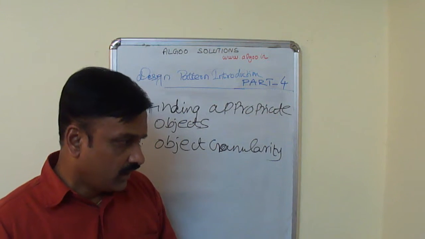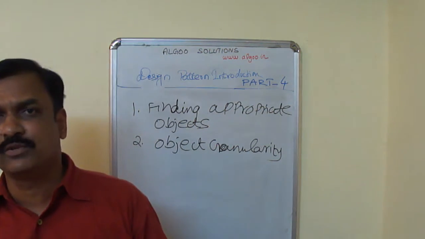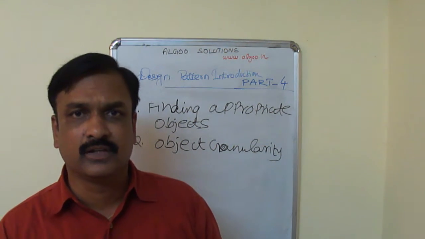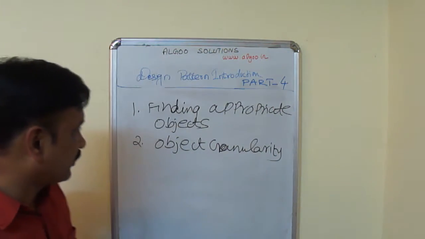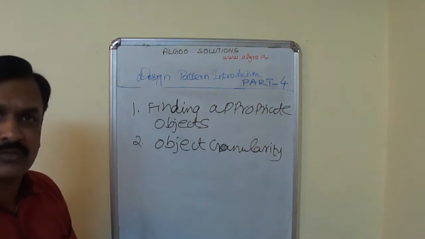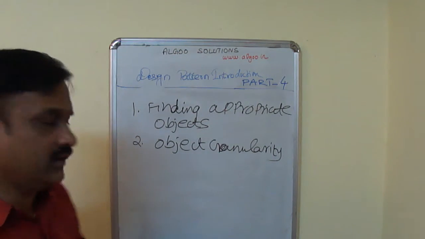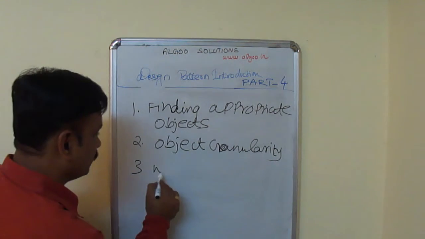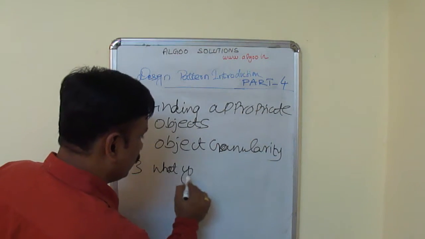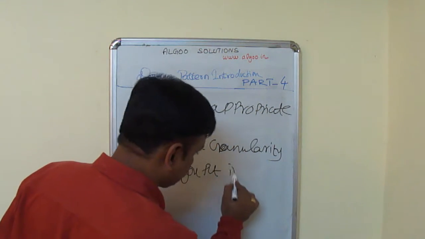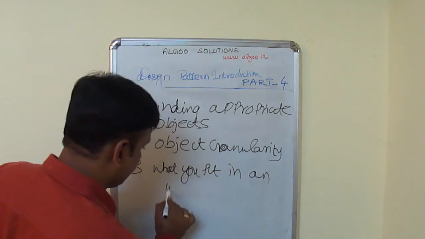And how do you specify relationships between interfaces? The proxy and decorator are examples of how object instances can be specified and what you put in an interface.